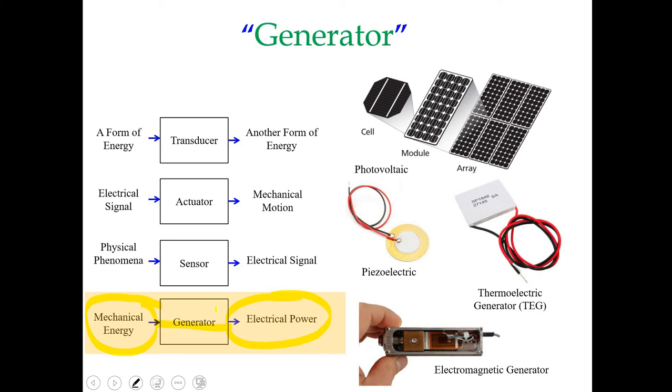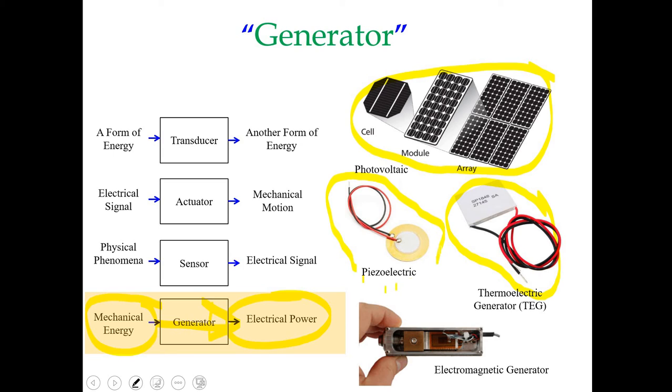By using a generator, we convert all of these into electrical power, for example with a solar cell, converting the photons from the sun into electricity. A TEG, or thermoelectric generator, is used to convert heat into electricity. The piezoelectric converts vibration or impact into electricity, and there is also the EMG, or electromagnetic generator. All of these are examples of generators that convert mechanical energy into electrical power.